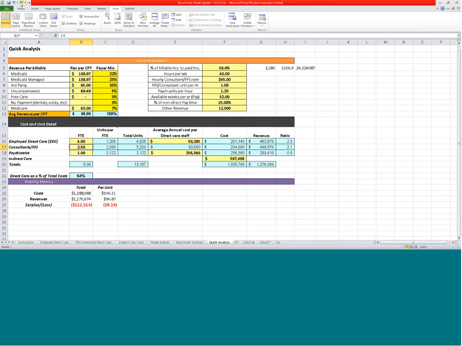It brought down the deficit. You can see how that changes. I decreased the number of direct care staff, I increased the number of consultants, and the bottom line changes dramatically as you do that. This gives you the ability just to figure out what it is you need to do to make the clinic break even.